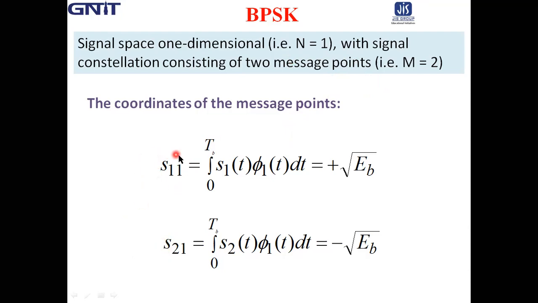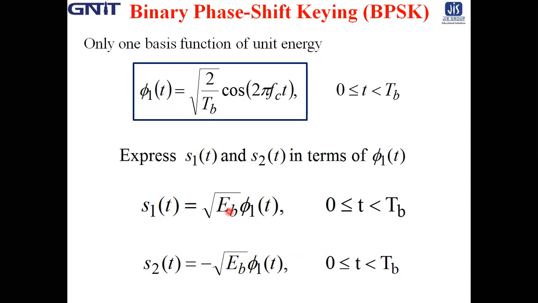So S11, from the signal space diagram, can be represented as integration from 0 to TB of S1(t) phi 1(t) dt. Now you know the value of S1(t) equal to square root of EB into phi 1(t).